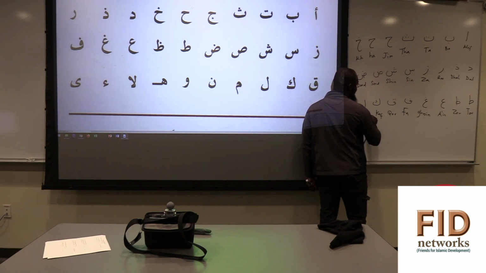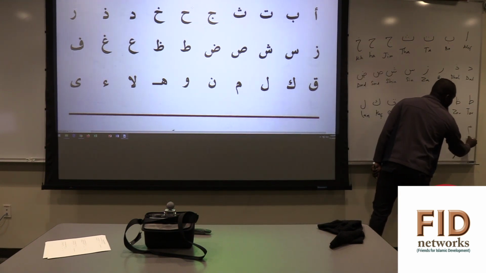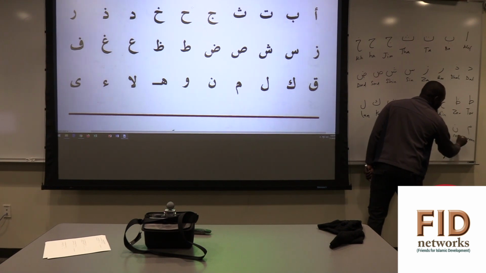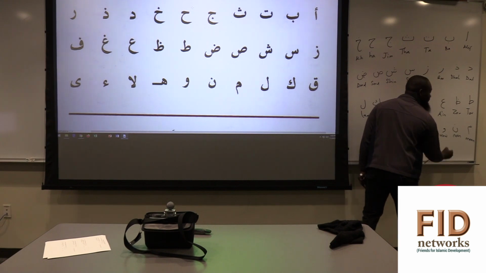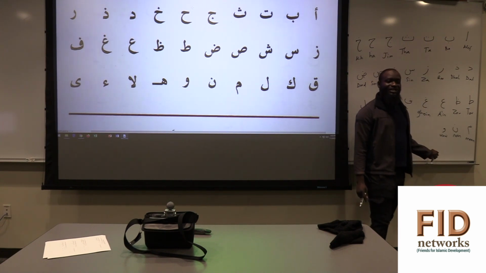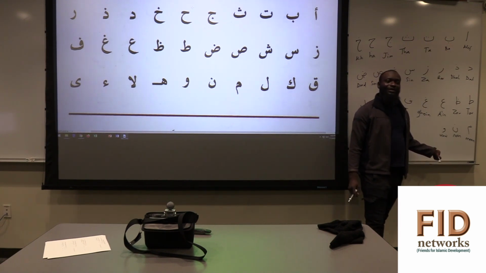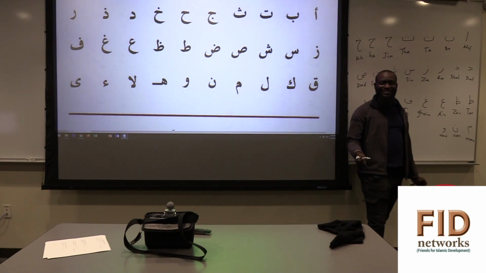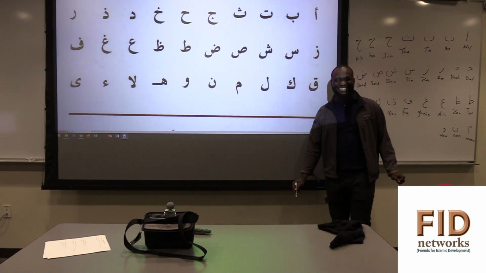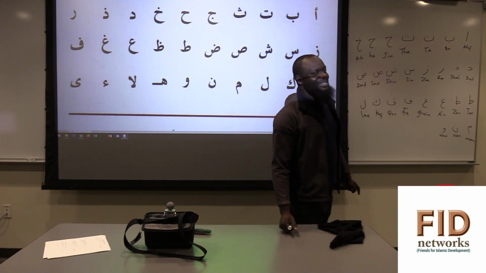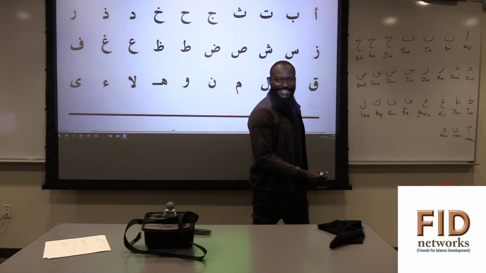Lam. These are our L. Mim. That was our M. Noon. N. Wow. Some people who know the Arabic language use it like an exclamation mark. You know, I say wow. They'll just put this alphabet and send it to someone. That's wow. So if you know Arabic, you send it to them like, oh wow.